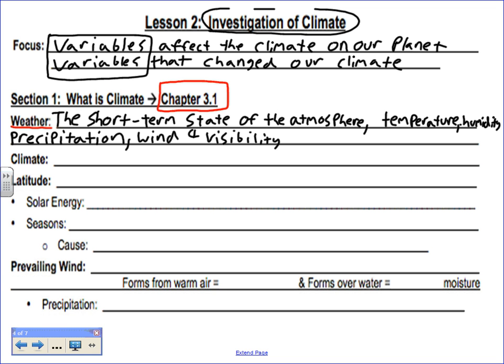All right. The second definition that we're going to look at is climate. And climate is the average weather conditions in an area over a long period of time.